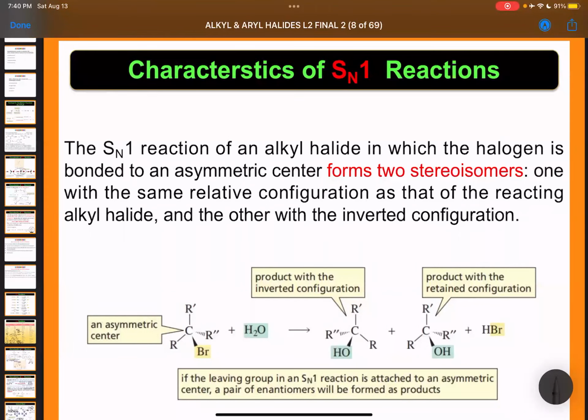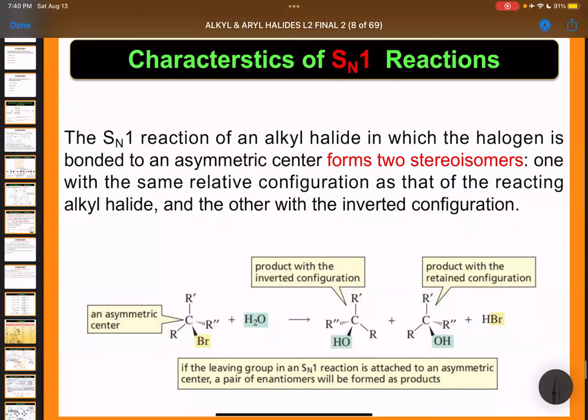Remember, both were taking place simultaneously. So there was an inversion, right?